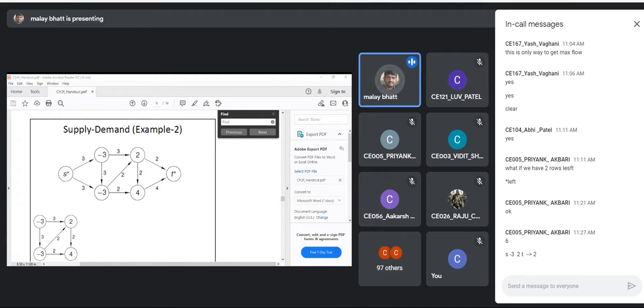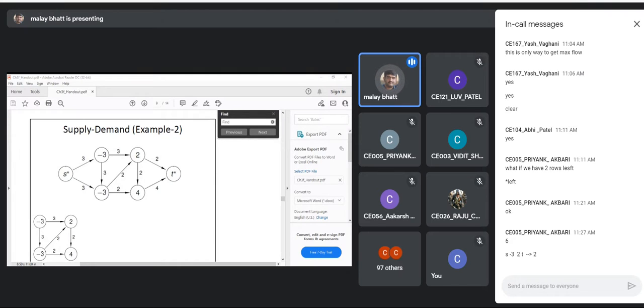And only one student has given the answer. S2, 3, okay, S minus 3, fine. Then 2, okay, and then 2 to T, 2, S minus 3, then 2, and then T star.